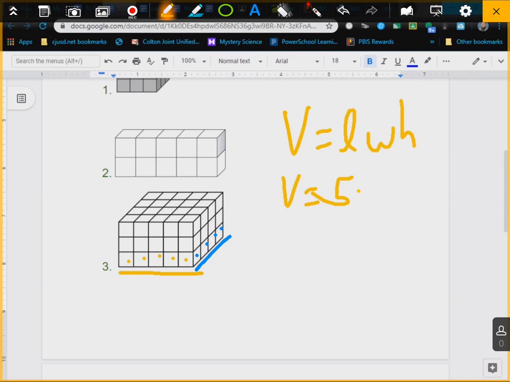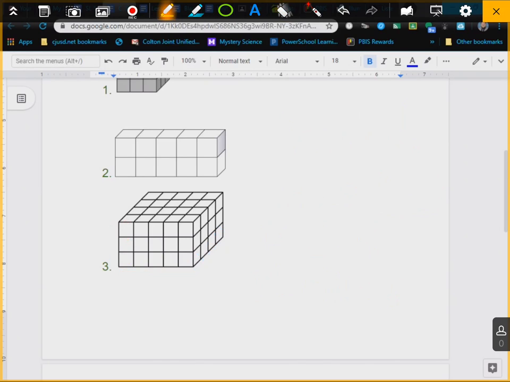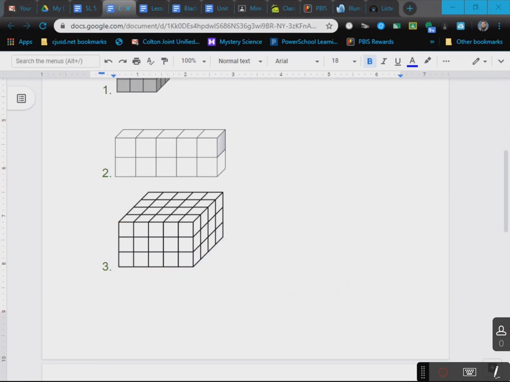So we're going to do this by 4. And then the height, which I'm going to mark in red, is 1, 2, 3. So it's 5 times 4 times 3. So I'm going to do 4 times 3, because I know 4 times 3 is 12, and it's going to be 5 times 12, which I know is 60 cubic units. If you have any questions on 1 through 3, please let me know, because it's very important.